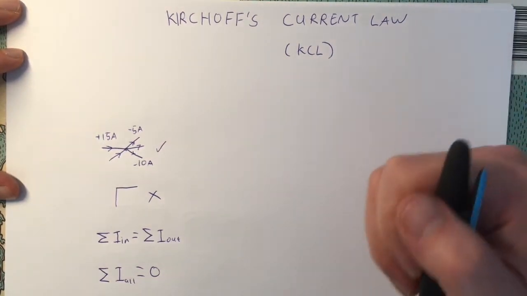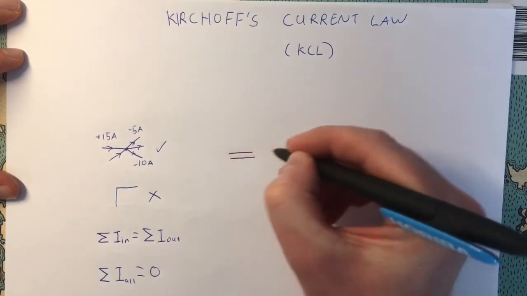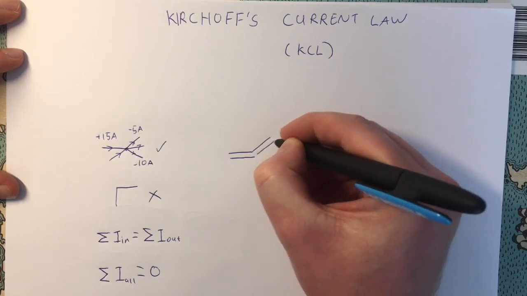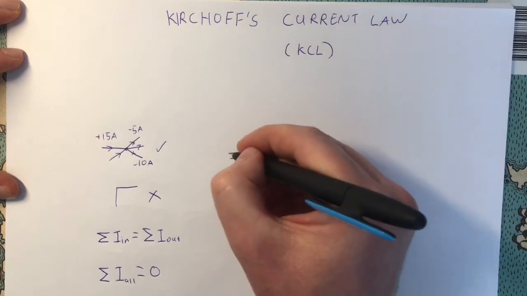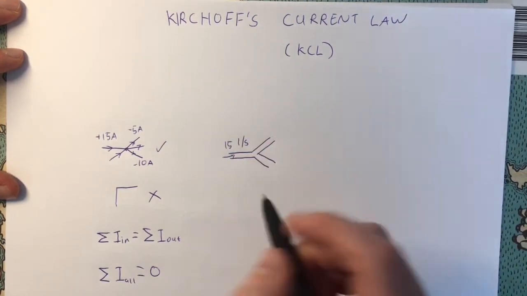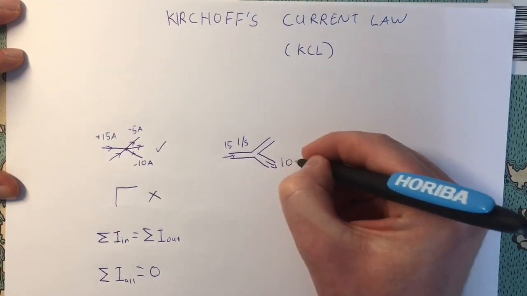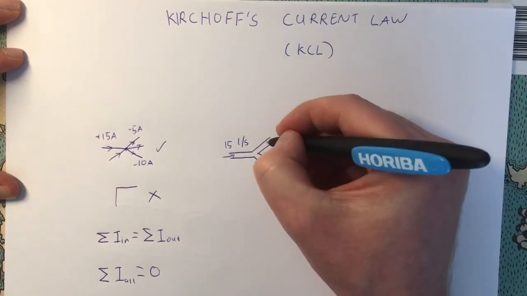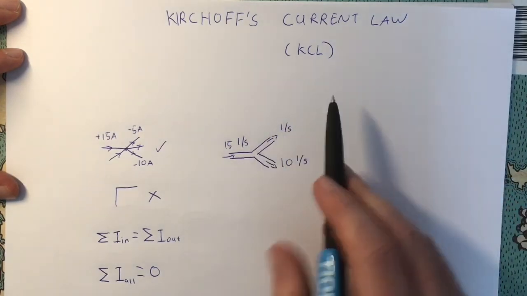And we can make a nice analogy again to a water circuit. So if we imagine we've got water at some particular flow rate flowing into a point, a node, where it has an option of where to go. So if we had 15 litres per second flowing in this way, and 10 litres per second flowing out this way, then we know we must have 5 litres per second flowing out this way.